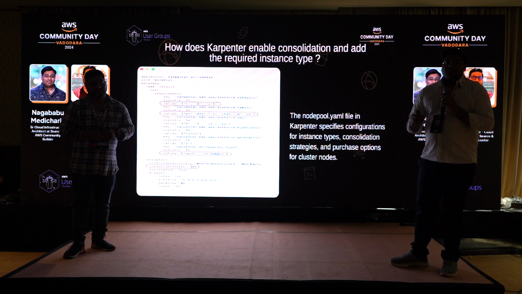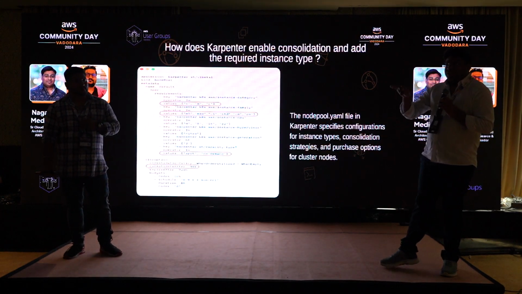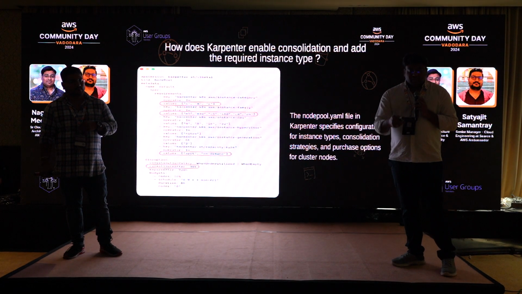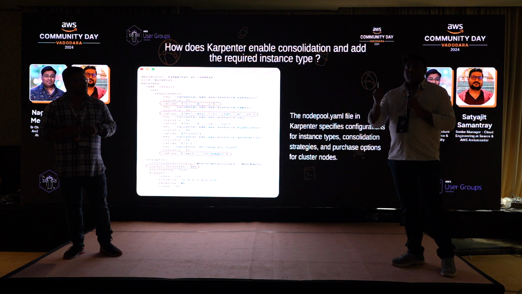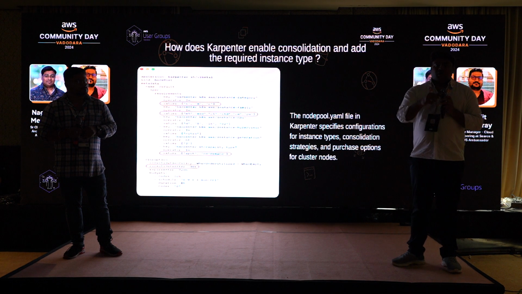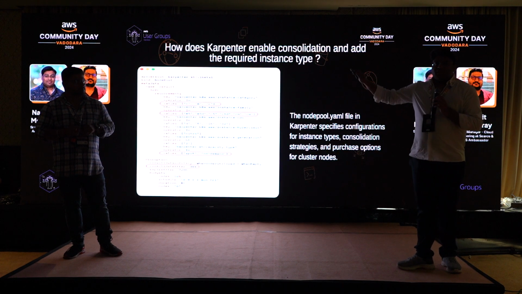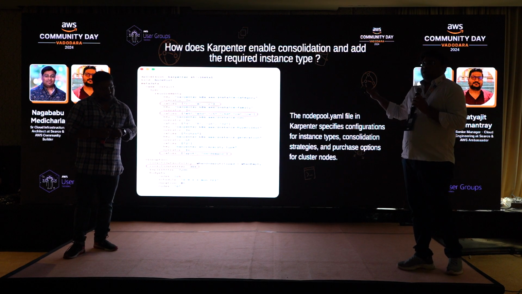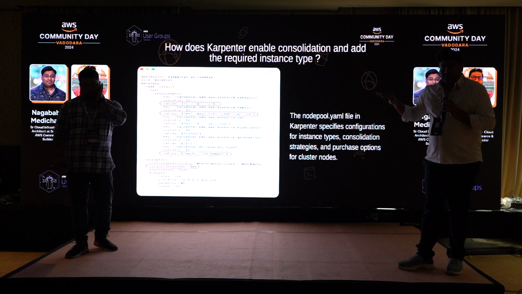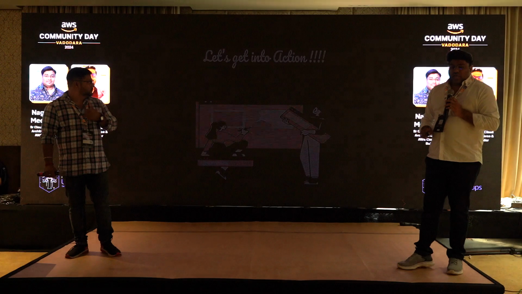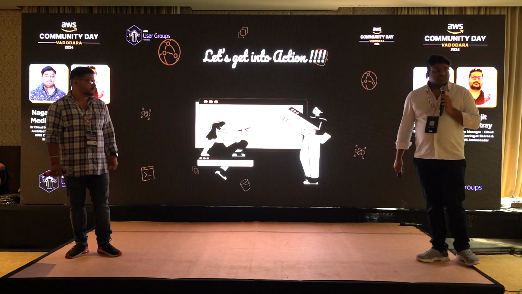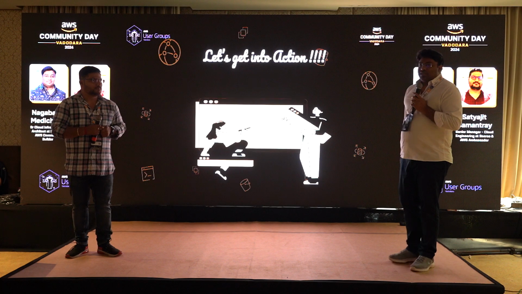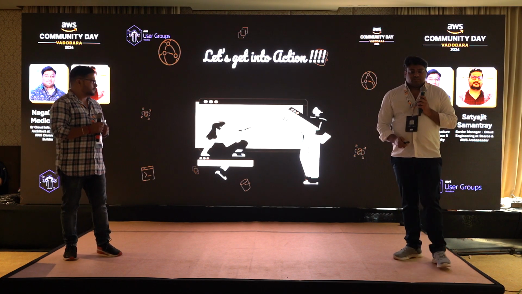It will consolidate if it identifies that some consolidation is required, and based on the time we have configured here, it will immediately pick it up and consolidate. This is where we define the respective Karpenter parameters. We have talked so much about Karpenter, so let's now get into action.